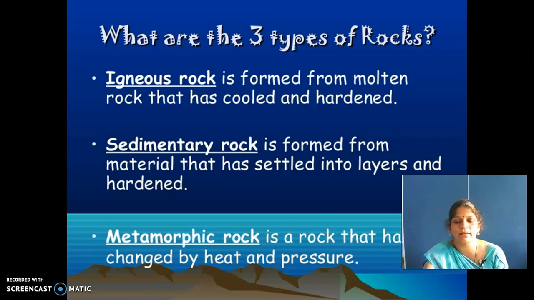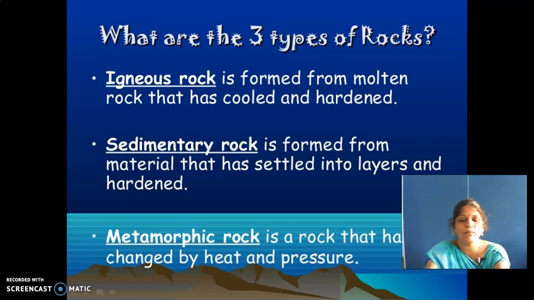Metamorphic comes from the Greek word meaning change of form. Through the name itself, we are able to understand a little about it. Igneous means fire, sedimentary means settled down, metamorphic means change of form. Okay.